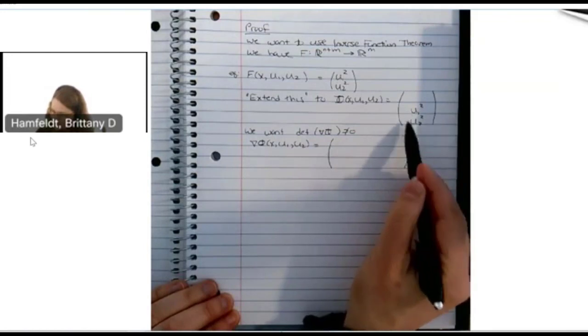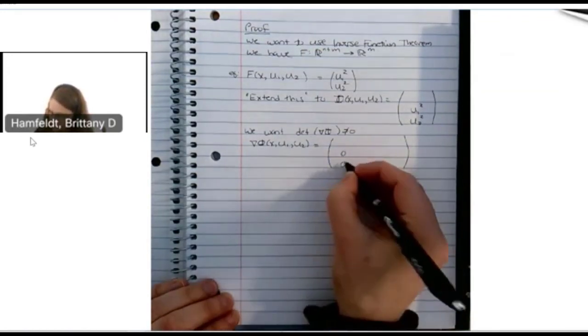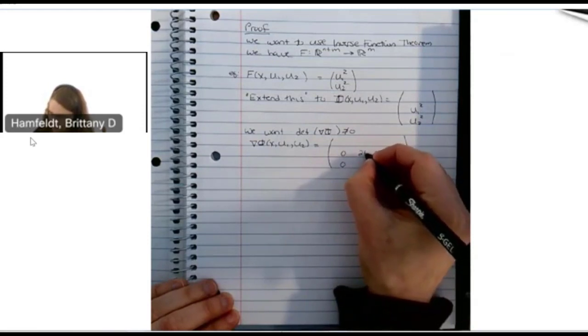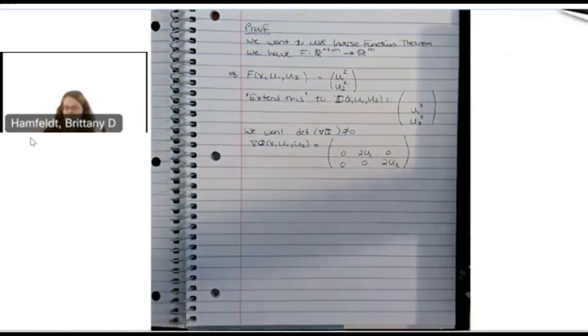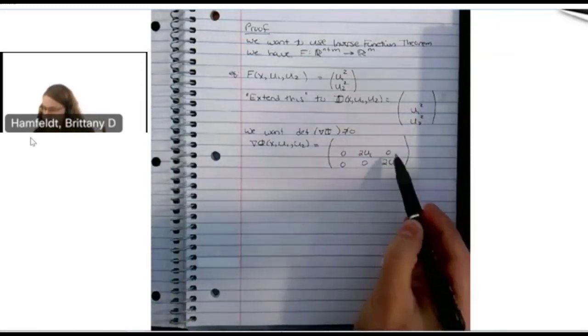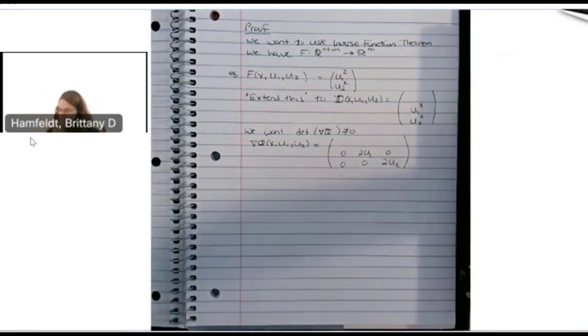And then the next 2 rows will be the gradient of this. So there's no dependence on x. And then I have, in this case, 2u1, 0, 0, 2u2. And of course, in a more general example, I could have more things here.